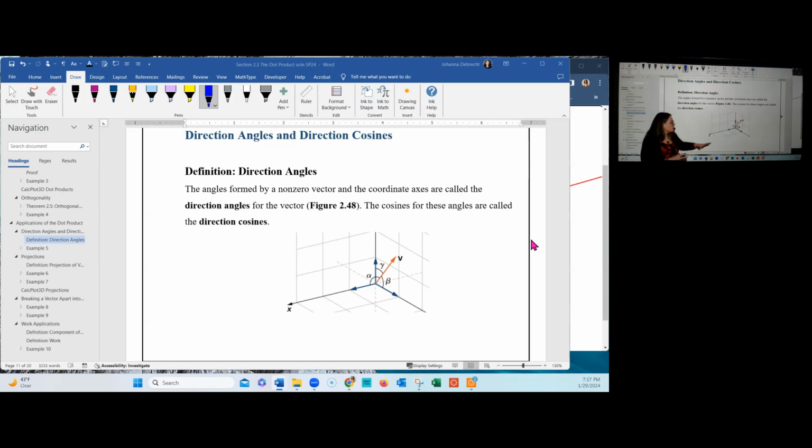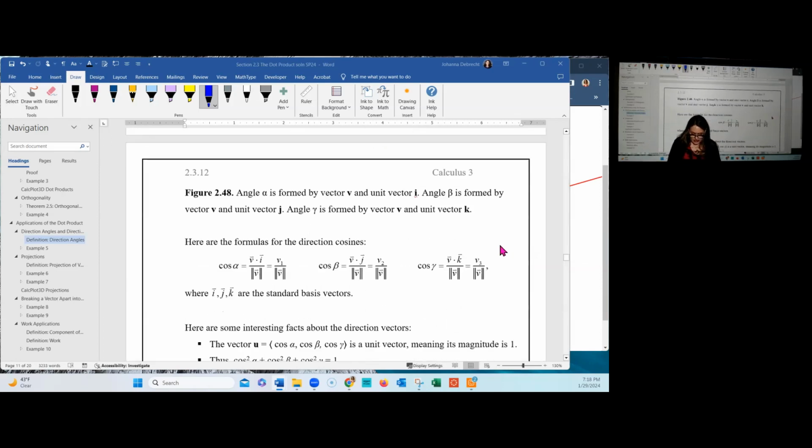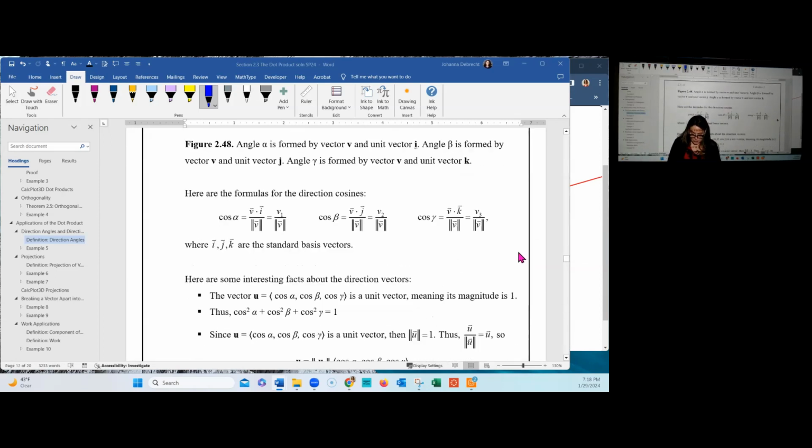The angle between the vector and the x-axis is alpha. The angle between the vector and the y-axis is beta. And the angle between the vector and the z-axis is gamma. The cosines of those angles are called direction cosines. So let's see an example of how this might get used.